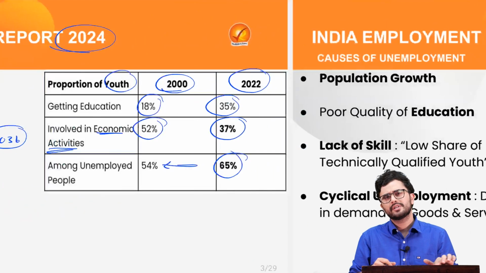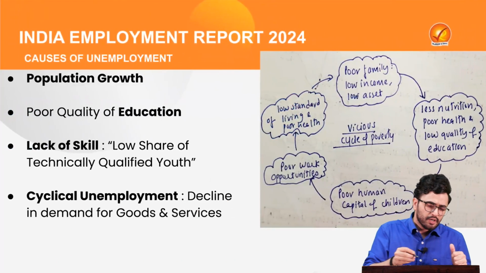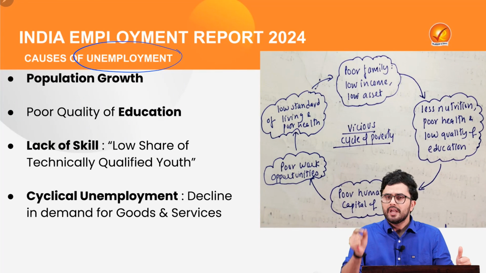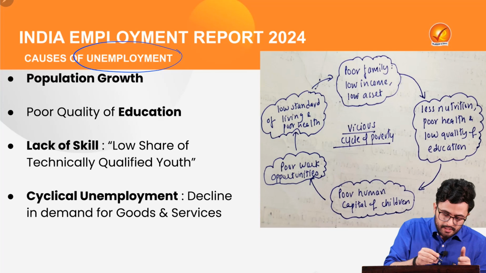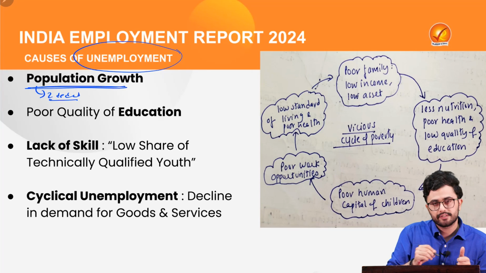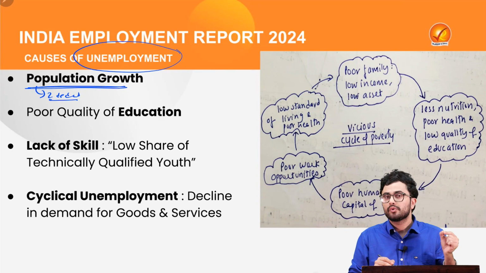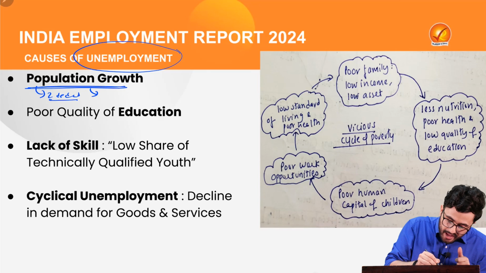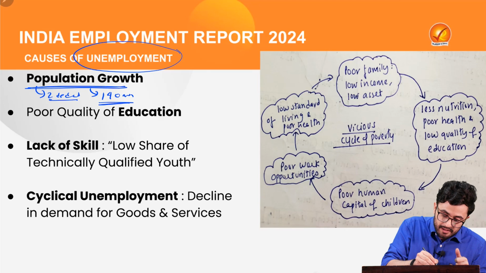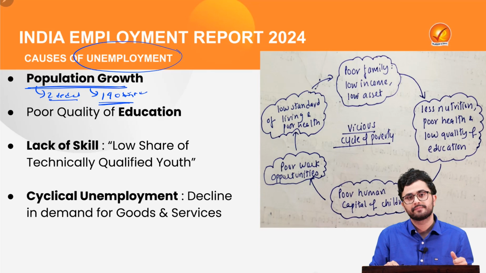So let's try to understand what are the causes of unemployment in our country. The first and foremost is the rapid population growth which we have witnessed in the recent decades. According to the United Nations, we have become the world's most populous country with more than 140 crore people.